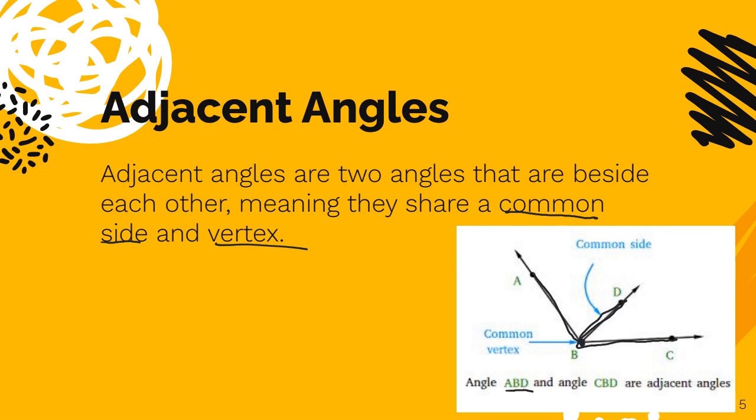So angle ADB and angle CBD are adjacent angles. And notice that in the middle, they both have point B because that's the point or the vertex that they share. And so they both would share the side D as well.